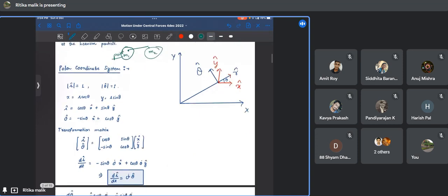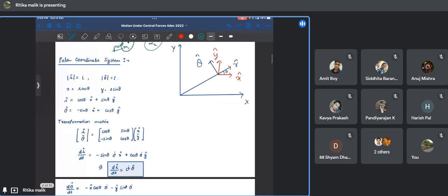To understand the mathematical part of central forces, first we will understand the concept of the polar coordinate system. You are all familiar with the Cartesian coordinate system, in which you have x, y, and z axes. In the polar coordinate system, you have the r axis and the theta axis. They are perpendicular, and they are related to the x, y axes as follows: the r direction makes an angle theta with the positive direction of the x axis, and the theta direction is perpendicular to this r.